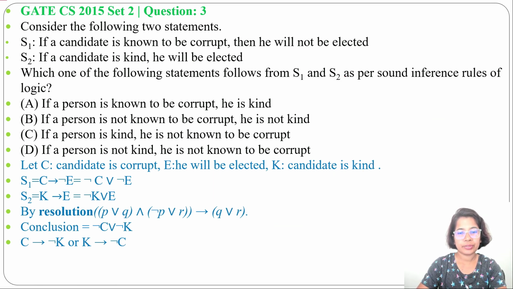Let's check each option. Let me write each option in implication format. Option A, if a person is known to be corrupt, he is kind.